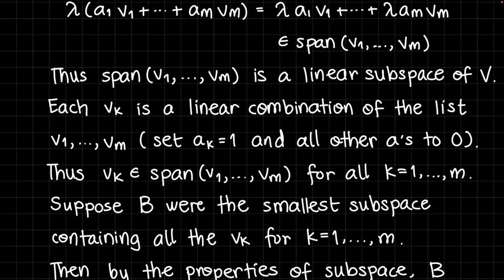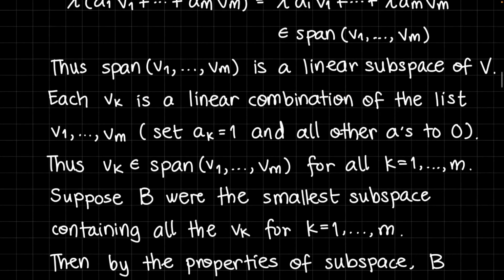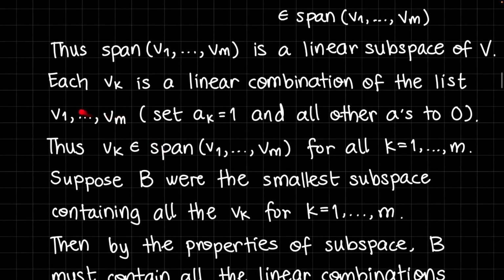Now to show that it is the smallest subspace of V that contains each vector in the list. So let's take vk, a random vector in the list. That vk is a linear combination of the list v1 through vm. How do we see that this is indeed a linear combination? Set the coefficient of vk, which is ak, to 1, and all the other a's to 0.